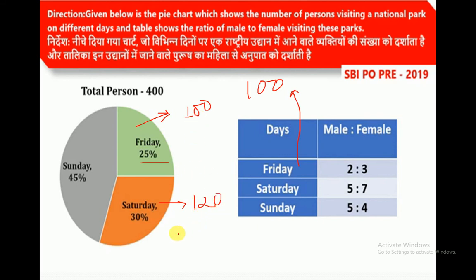If you combine them, it's 220, and subtracting from 400 would give us 180. So this is 100, this is 120, this is 180, sorry.